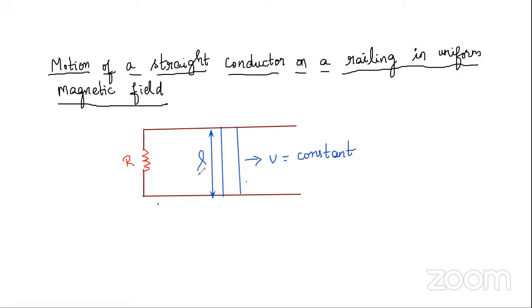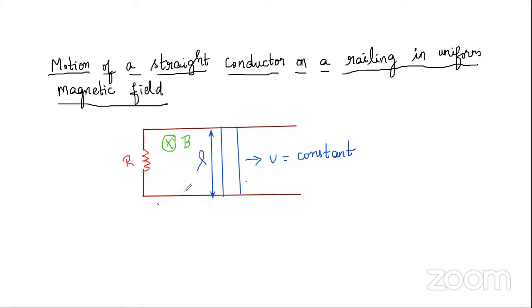So here you also have a magnetic field, represented by this cross mark, capital letter B. This is the magnetic field. And this rod can move towards the right-hand side, or it can move towards the left-hand side.